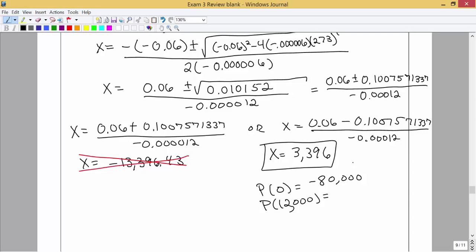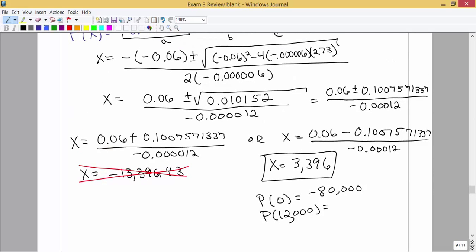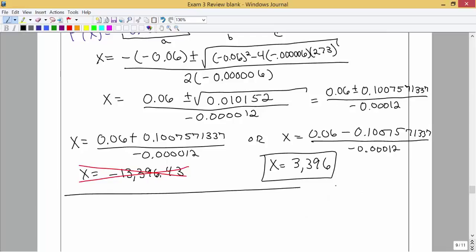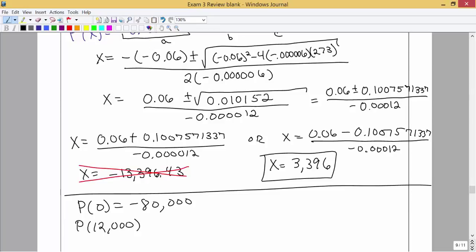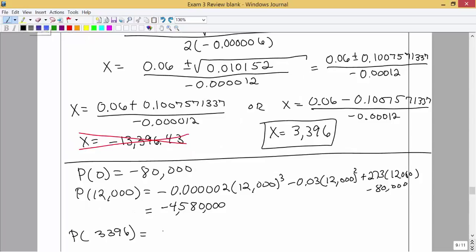If we put in 12,000, let's see what we get for that. So we're putting in the endpoints and seeing what that gives. When we put in 12,000 into the original profit function, I end up getting 400,000, so $422,792.63 and some more cents.